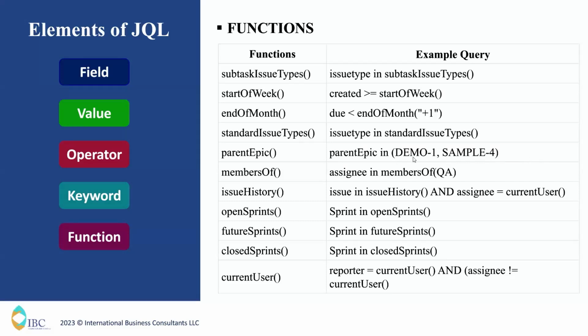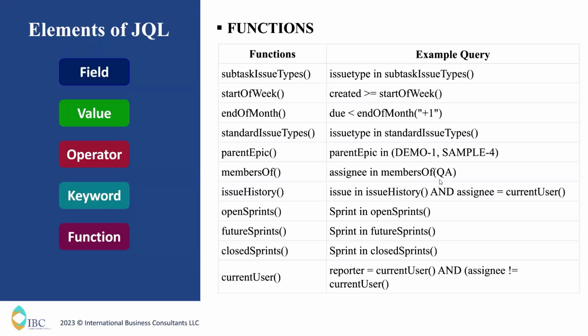Then we are using members of. If you want to track a specific group of members, you want a specific group of members' issues alone, you can use members of. Jira by itself has some groups, right? So for that reason, you can use the members of function. In this query, if you see here, assignee in members of QA.